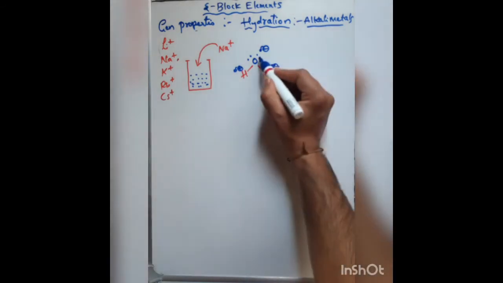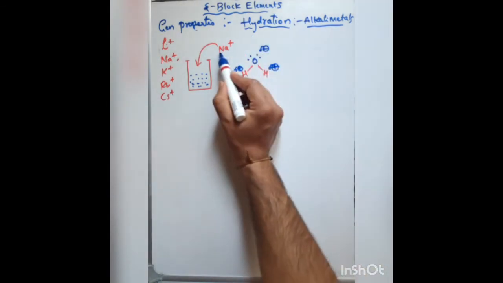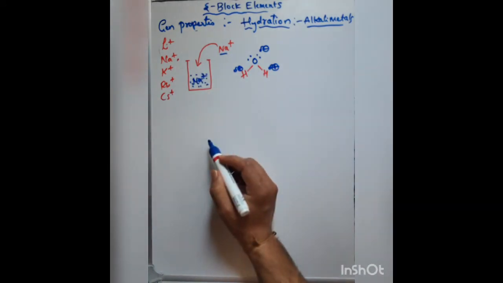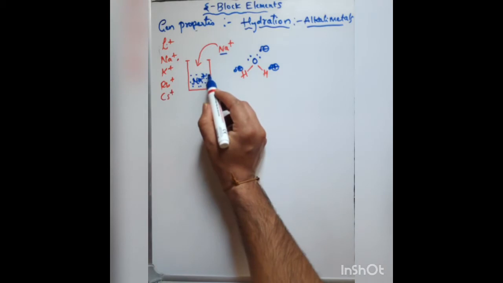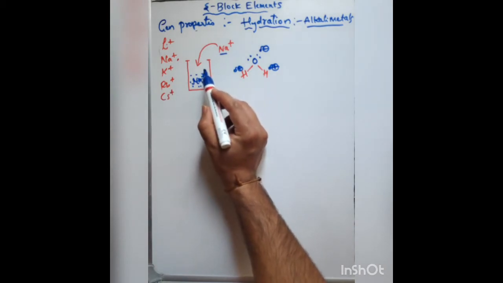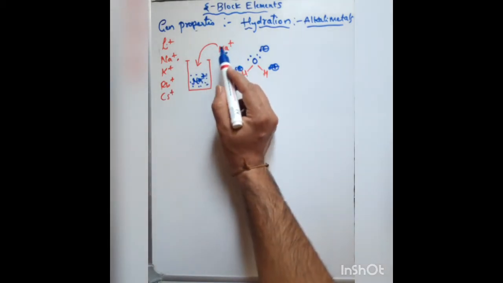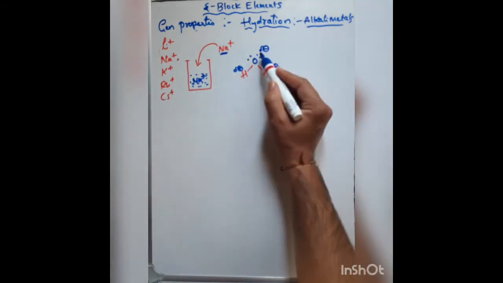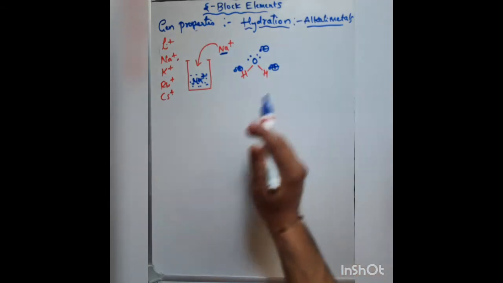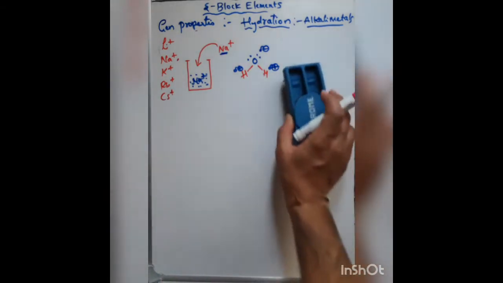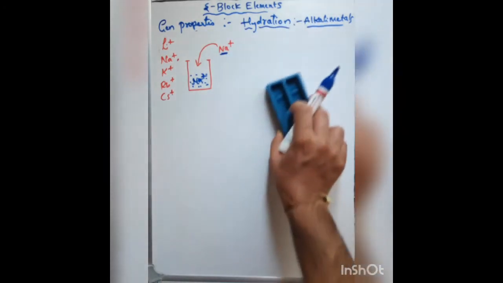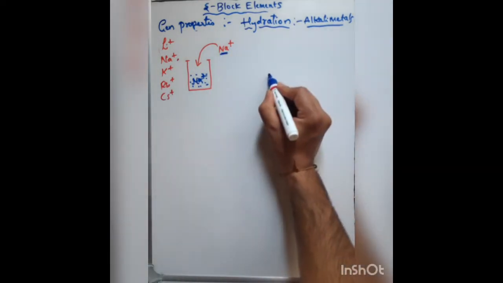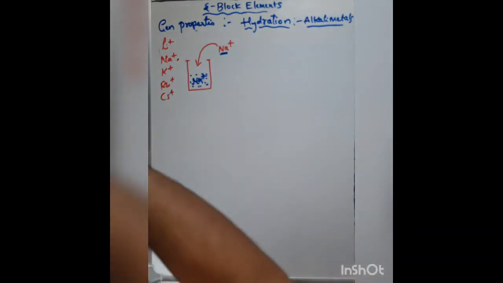Now since oxygen is carrying negative charge and sodium, which is now present in the water, is carrying positive charge, when sodium plus is dropped in the water, it will have some kind of interaction with the oxygen of the water molecule. So let me write sodium plus at the center.